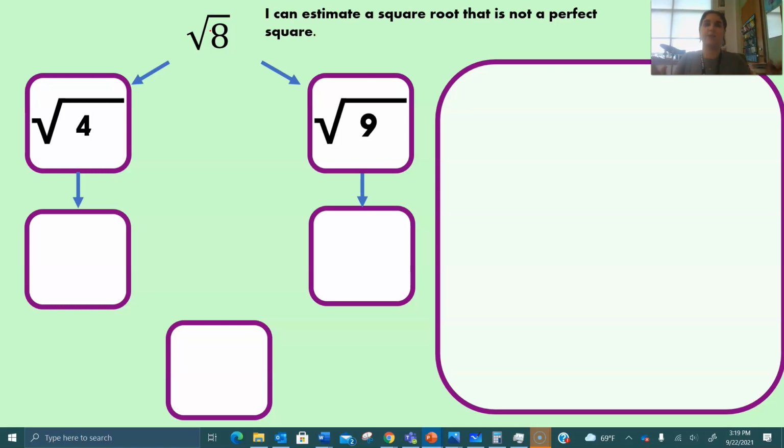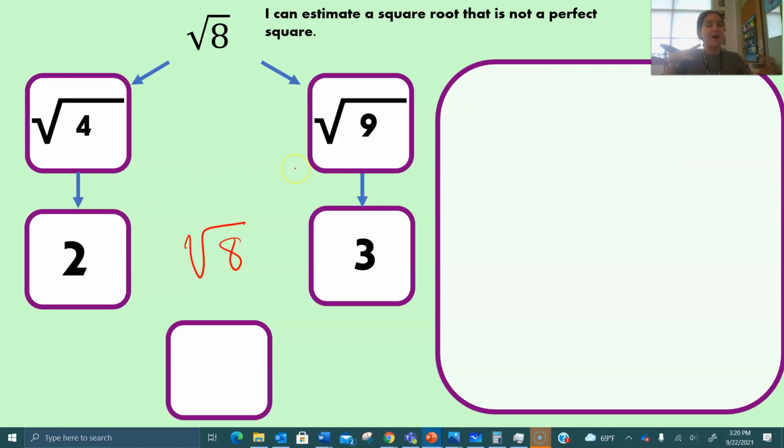So the square root of 8 will go somewhere in between the square root of 4 and the square root of 9. The square root of 4 is 2, and the square root of 9 is 3. So the square root of 8 is somewhere in between 2 and 3. So it's 2 point something.